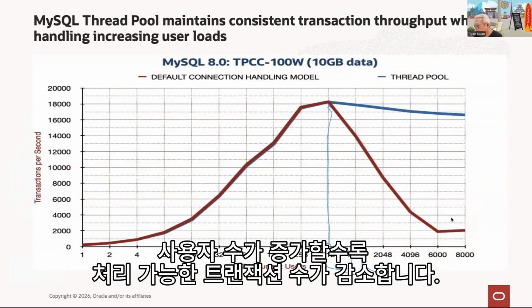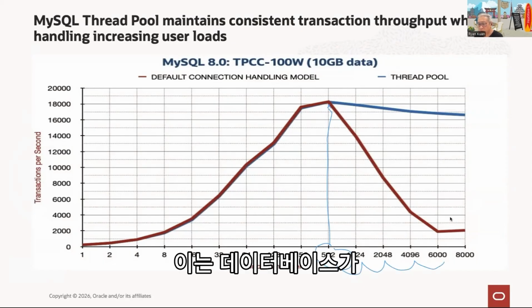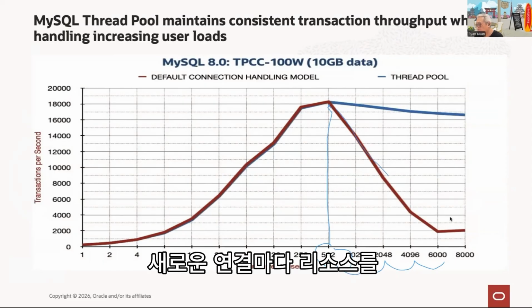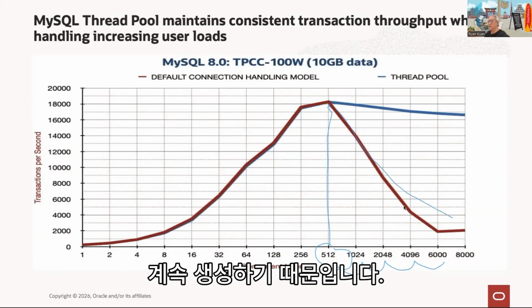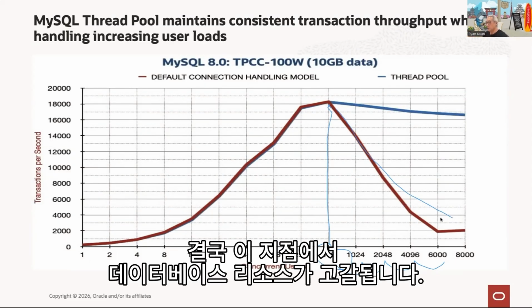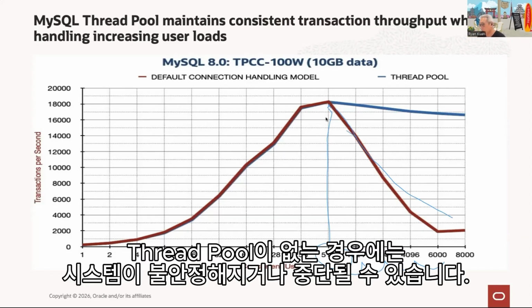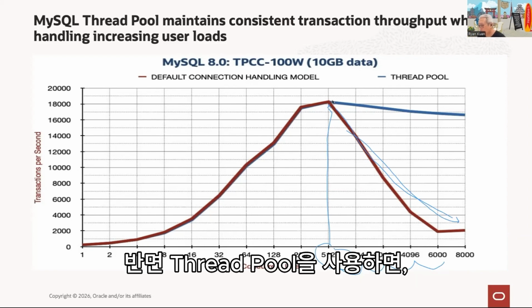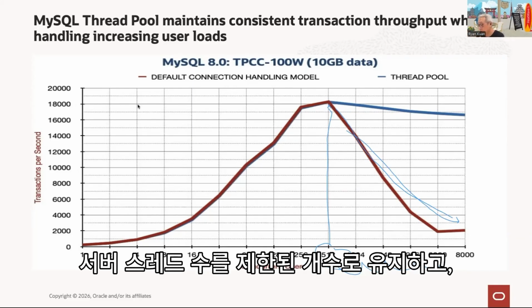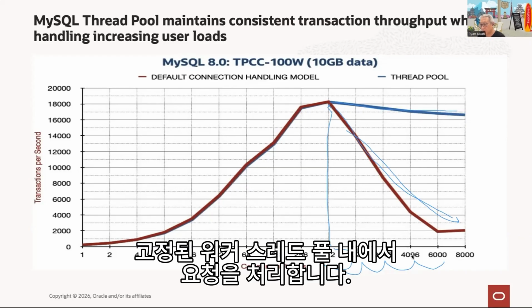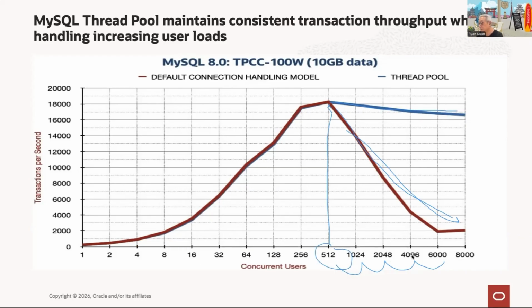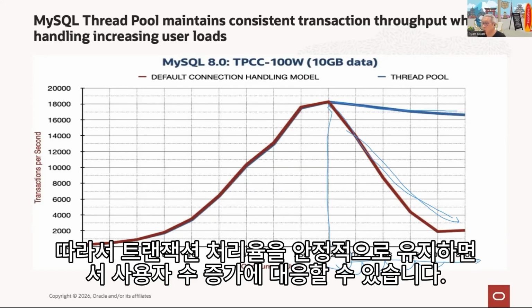As we increase the number of users, the number of transactions drops, because the database is very busy creating new resources to serve the new users. This is where the database resources are exhausted and crashed. Whereas with the thread pool, we have a fixed number of server threads, so we can keep the same transaction rate while serving the increasing number of users.